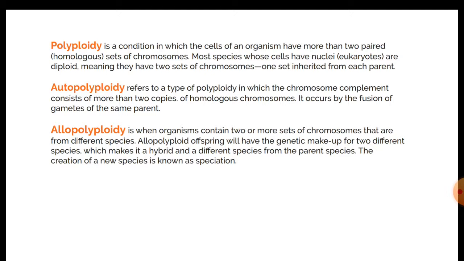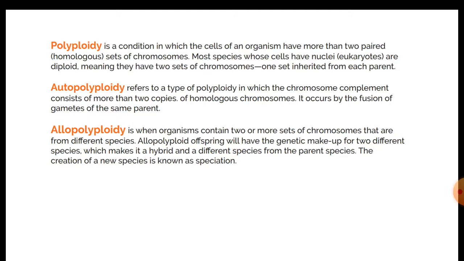And a classic example of allopolyploidy is the new plant species known as Raphanobrassica. Raphanobrassica was produced by a Russian geneticist. You know what he did? He crossed 2 plants of different genera, that is the radish, Raphanus sativus, and cabbage, Brassica oleracea.